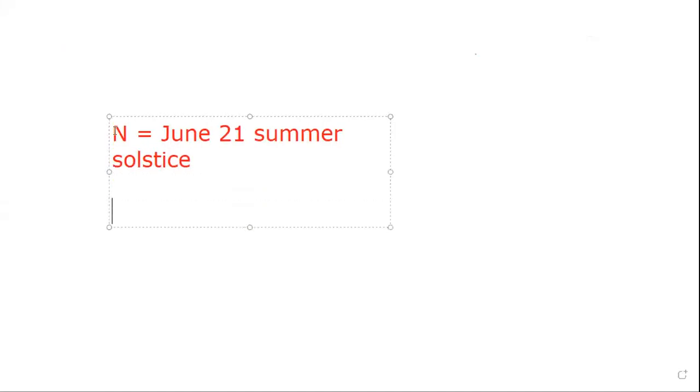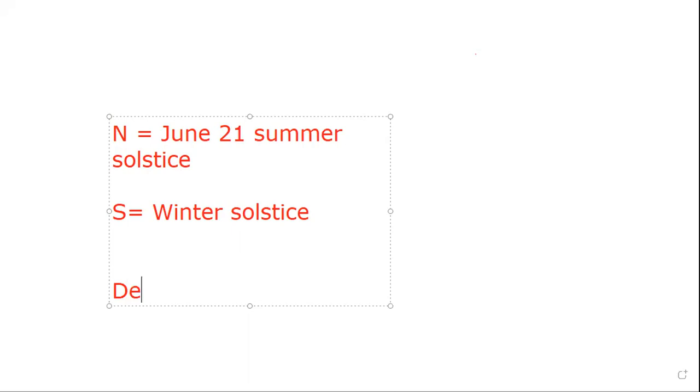At the same time, in the southern hemisphere, it is winter solstice. Guys, by the way, don't get confused. So on June 21 it is summer solstice in the northern hemisphere and winter solstice in the southern hemisphere.